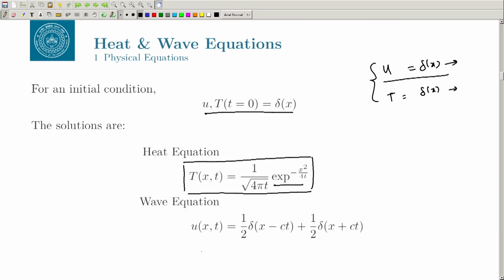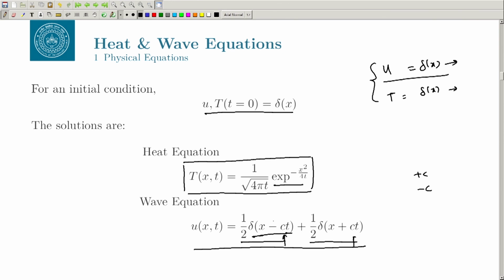On the other hand, if you try to solve the wave equation for the same delta function disturbance, the initial disturbance at t equal to 0, your solution will look something like this: half delta(x minus ct) and half delta(x plus ct), which means that there is c, which is the speed of sound, and which has both plus c and minus c, one going to the front and one going to the back, and you can see that it depends on both x and t, and it will only be valid when x minus ct is zero, because it is a delta function.